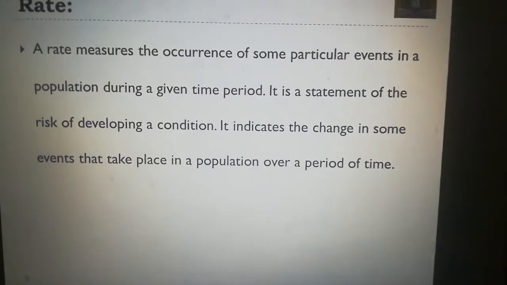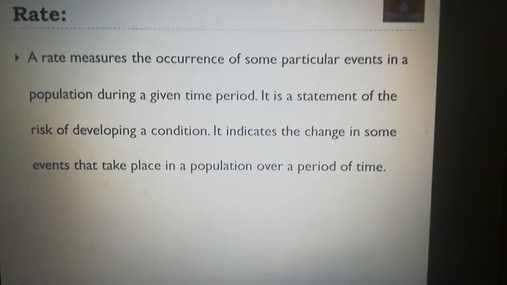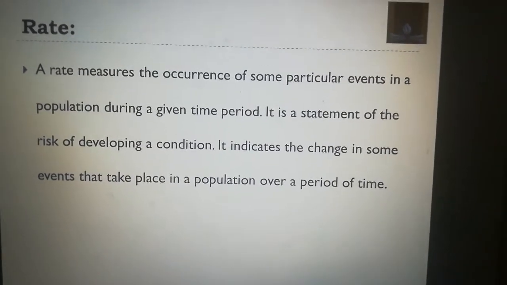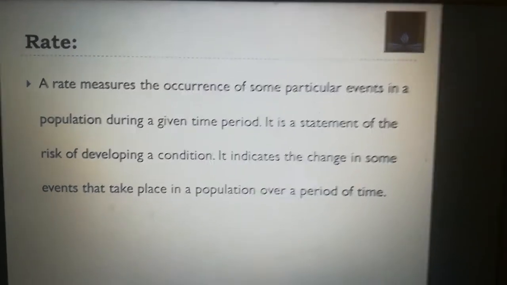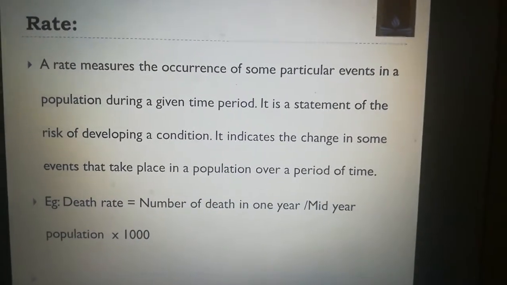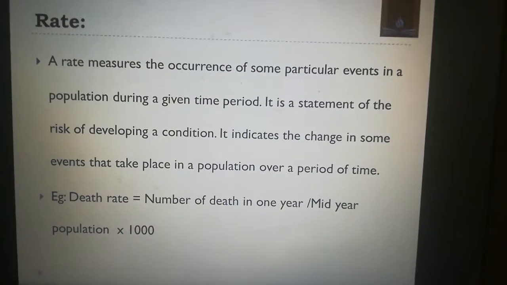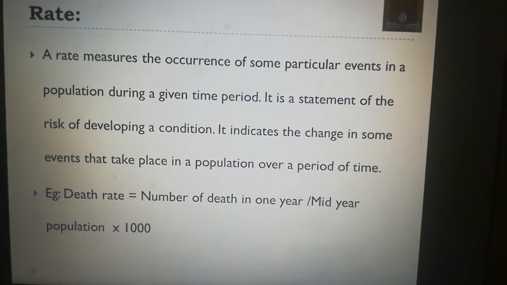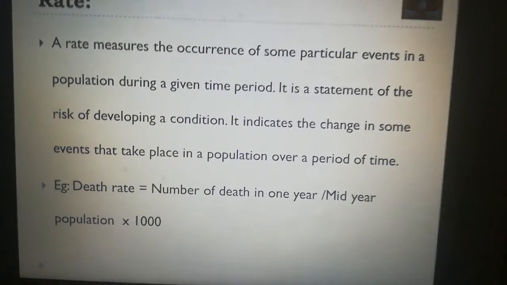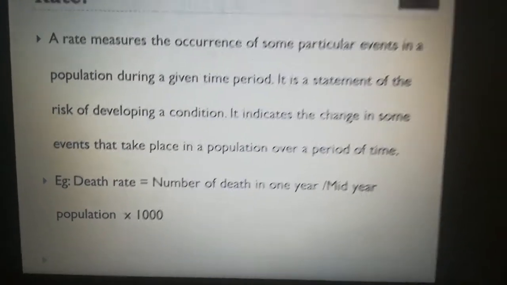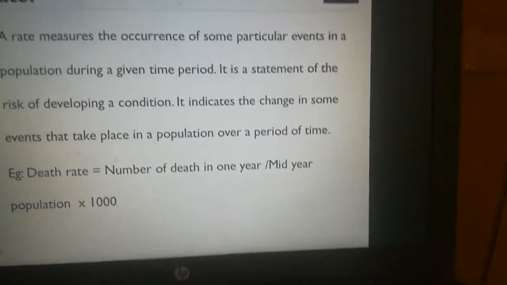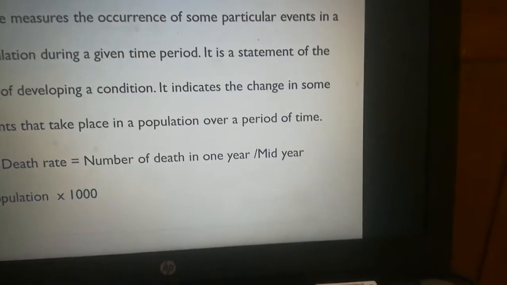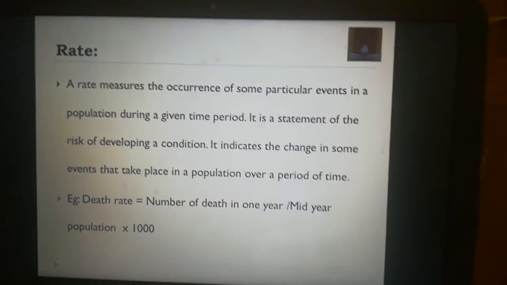For example, commonly used ones are infant mortality rate, maternal mortality rate, morbidity rate, isn't it? It is represented by the number of events divided by the mid-year population, out of 1000. Usually it is represented per 1000 population. If we take how many children are affected, or how many deaths occur during the mid-year population we are taking, based on that we will get the rate.